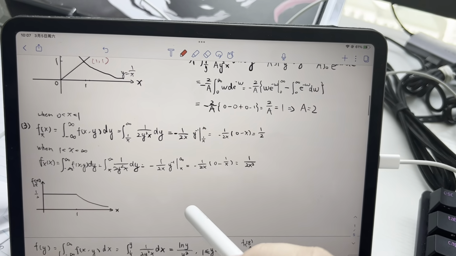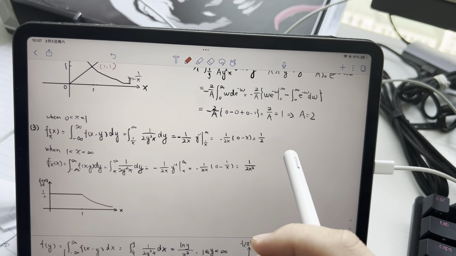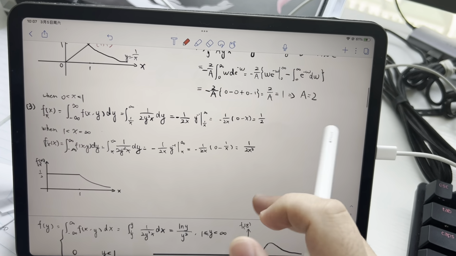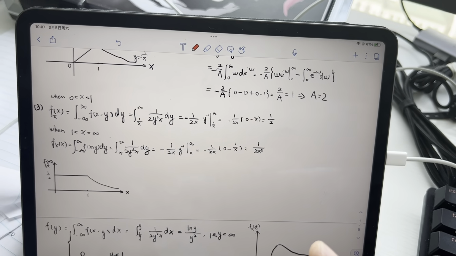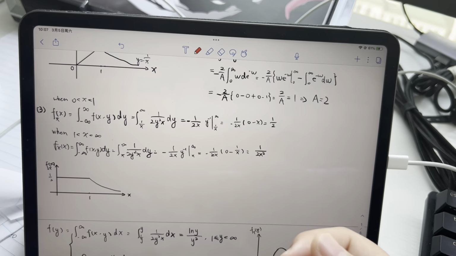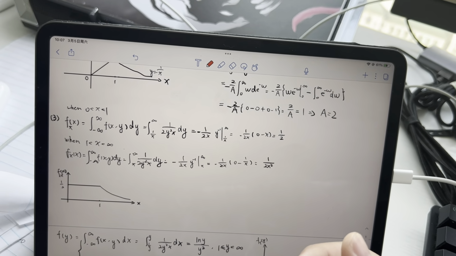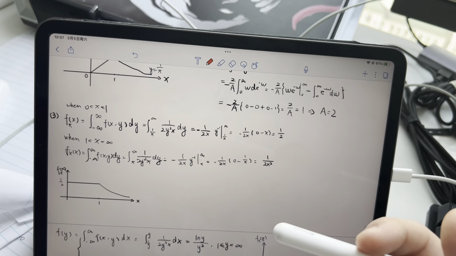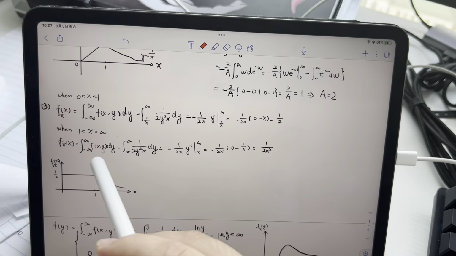For the third question, it told us to find and draw the marginal density functions fx and fy. So from the PowerPoint, we know that the marginal density functions fx and fy are equal to this and equal to this.